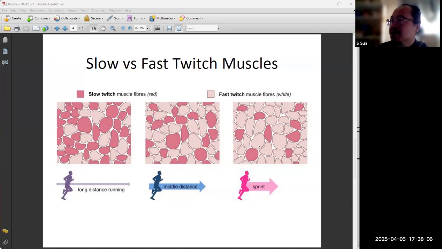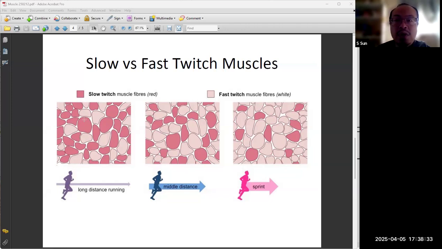In contrast, for people who train for long distance running, the body will have more of this slow twitching muscle. Slow twitch muscle looks more reddish because this muscle requires blood supply. It doesn't store a lot of energy inside of the cell.